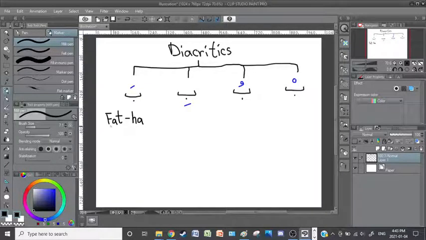So do not say fat-ha, it is fatha. I will write it here for remembrance. It is this, not this. We will tackle the names in Arabic once we take the 3rd lecture, which involves seeing how each letter is drawn with respect to its position within a word.